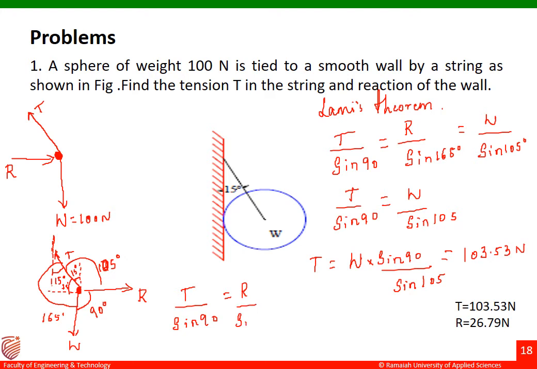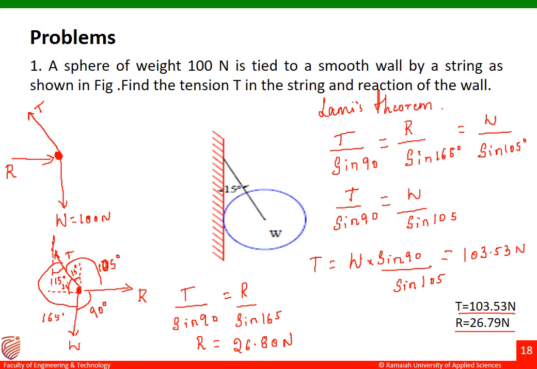Next, we have to find out the answer for R. For that, I'll take T by sine 90 is equal to R divided by sine 165. So R is equal to T by sine 90, the answer for T is 103.53, divided by 1, into sine 165 degrees.